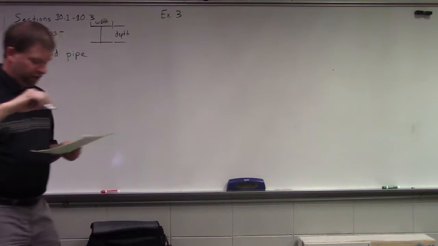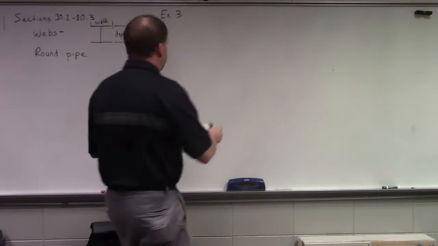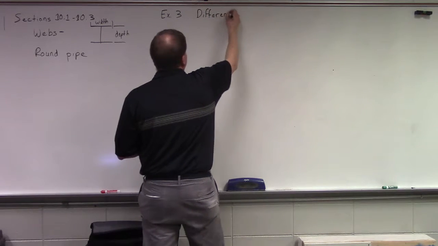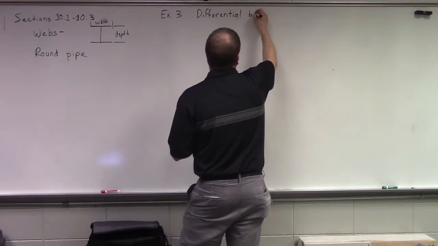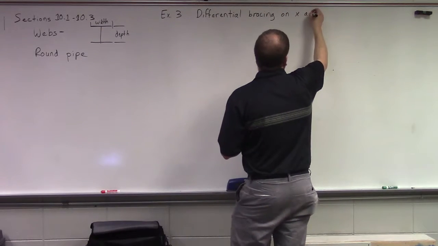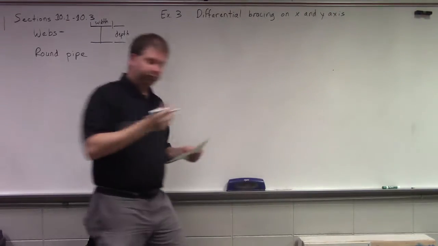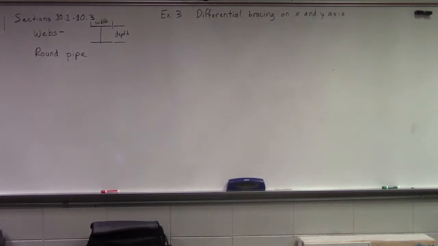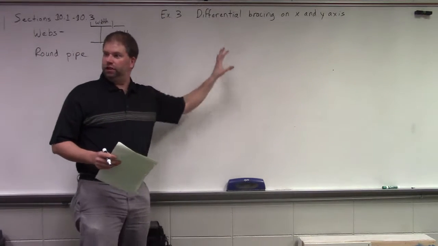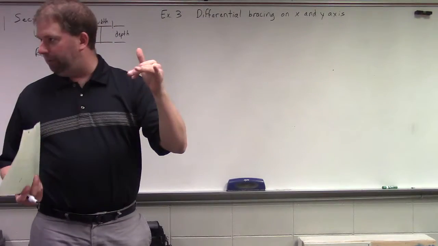Okay, so we'll look at one more example. Here we're going to have differential bracing on both of our axes. The last problem that we looked at had an unbraced length that was the same in both dimensions.